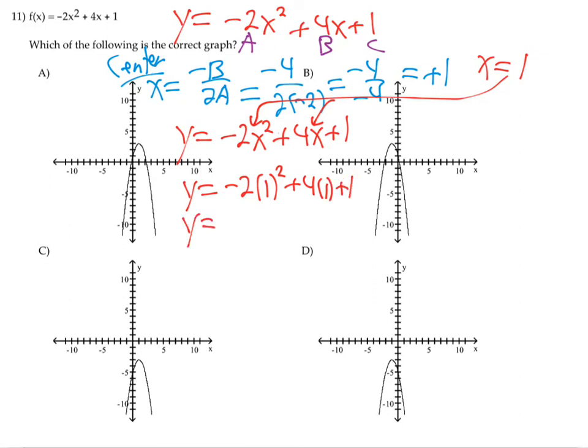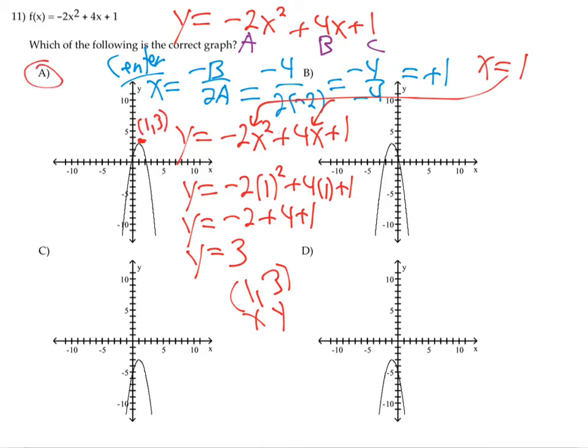So what do we get? -2 plus 4 plus 1. y is 3. So the center of the U shape should be (1, 3). Which of those 4 U shapes has a center at (1, 3)? A, B, C, or D? A. Boom, we're done. It's A. Right 1, up 3, answer A.